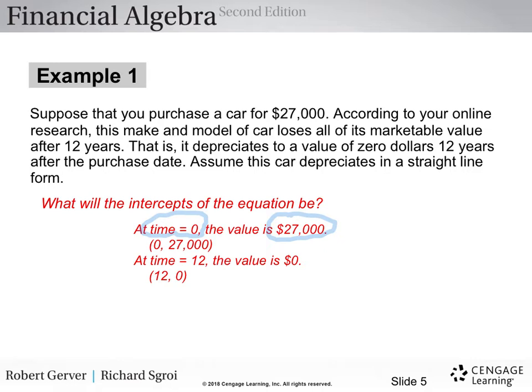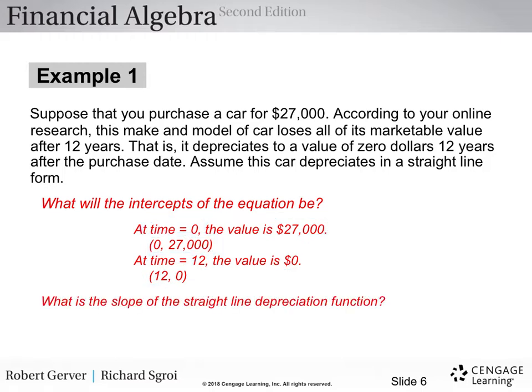So there's one intercept. Then at time t equals 12, the value is $0. So the other intercept is going to be (12, 0). So we've got one intercept here, which is (0, 27,000), and the other intercept is going to be (12, 0). Most likely, if you were to graph this, the x-axis would be the time and the y-axis would be the value.